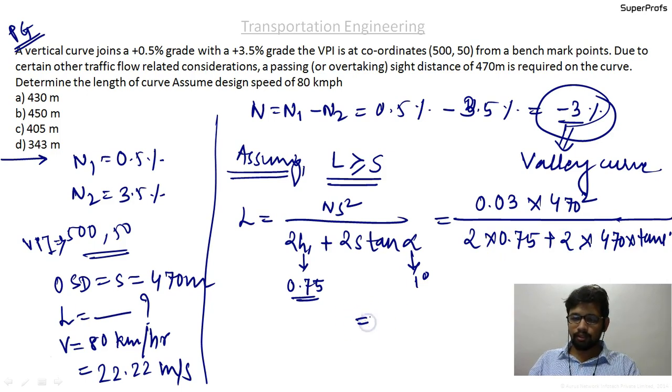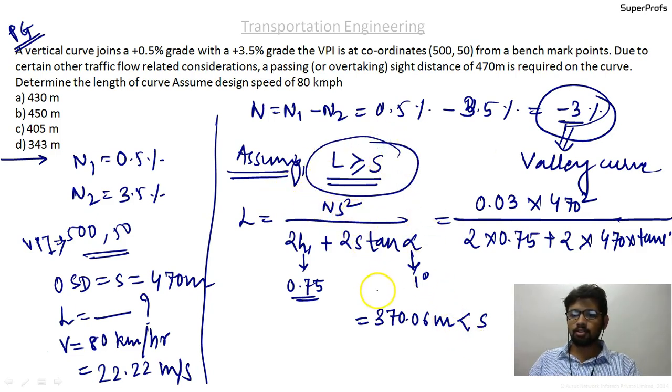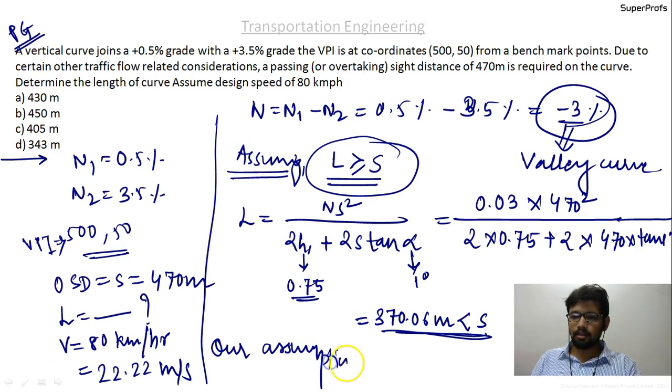After calculating, we get 370.06 meters, which is less than the S value, which is 470. But what we had assumed was L is greater than S. So here L is less than S. That is, our assumption is wrong.